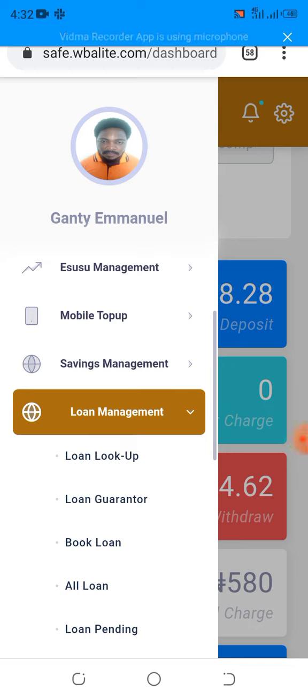Today we'll be looking at loan lookup. It's very important you give me a few minutes to understand what we are trying to guide you through.